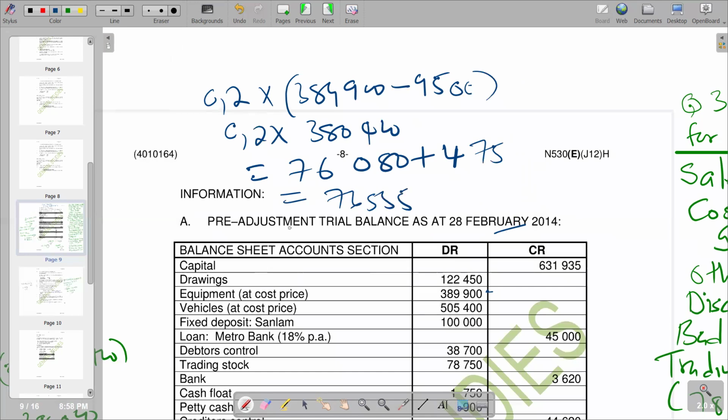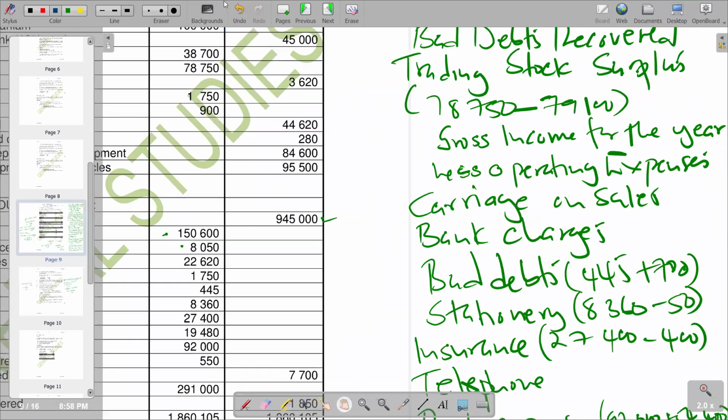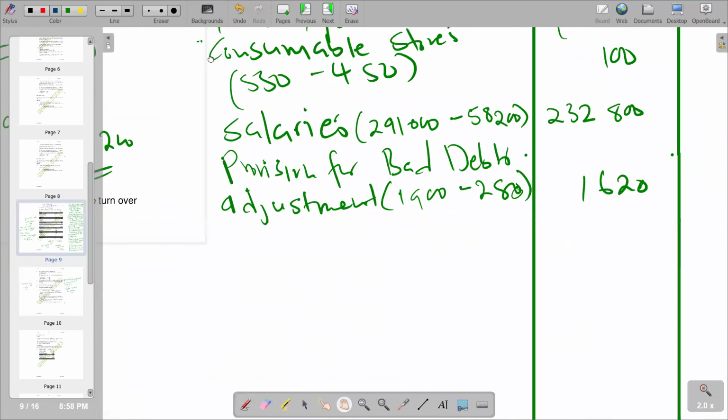So here we are saying depreciation, in brackets, 76,555.